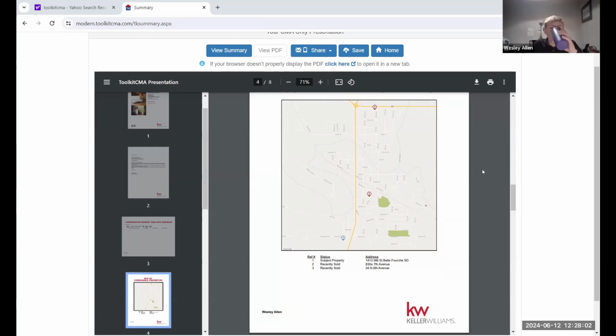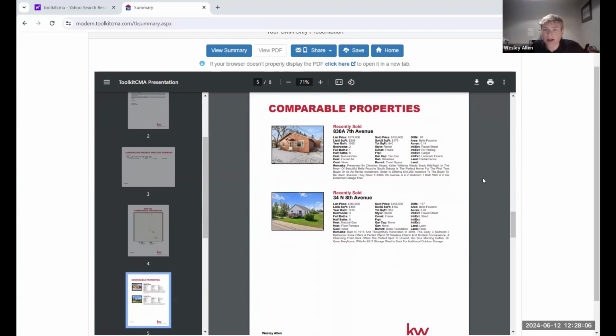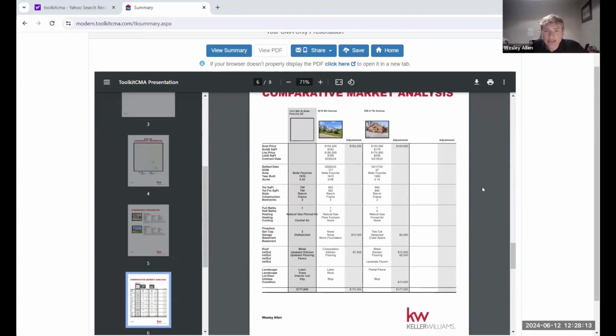And then here's just the comparable properties, information on them. And then down here, I think this is the adjustments. Kenzie helped me with these.